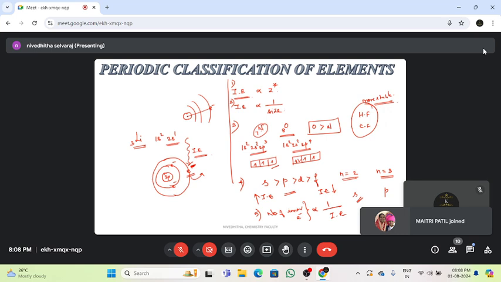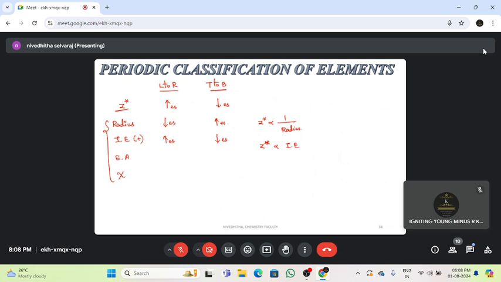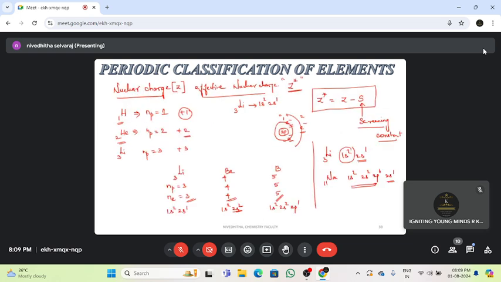So which element will have the highest ionization energy? In the 18th group, which is the topmost element? Helium. So helium has the highest ionization energy in the periodic table. And also helium is an inert gas, so removing an electron from helium is not easy at all. That's it. So next we'll move on to electron affinity.